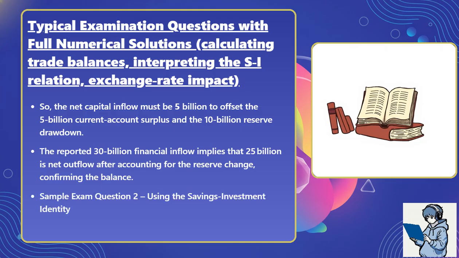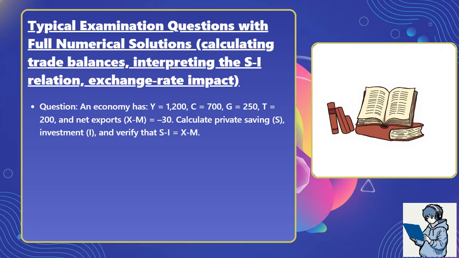Sample exam question 2, using the savings-investment identity. Question: an economy has Y equals 1,200, C equals 700, G equals 250, T equals 200, and net exports X minus M equals -30. Calculate private saving S, investment I, and verify that S minus I equals X minus M. Solution. Private saving S equals Y minus C minus T, equals 1,200 minus 700 minus 200, equals 300.